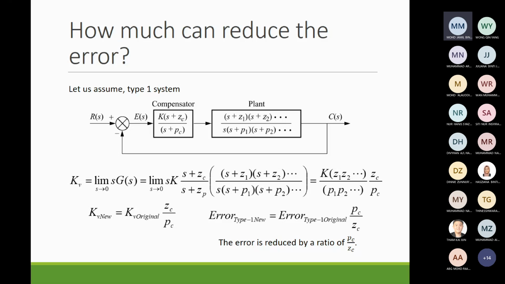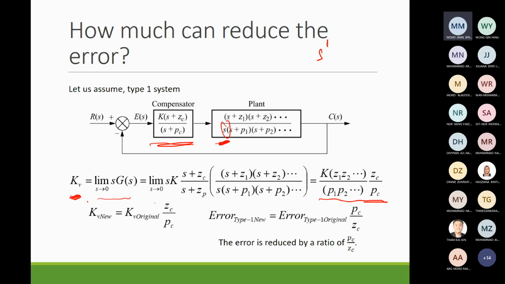Before the example, let's look at how much you can reduce the steady state error when you add the compensator. So when you add a compensator here to this type 1 system, so this is type 1 because it's S power of 1, then for type 1, you have KV. So you calculate KV using the limit theorem, and then you end up with this formula here.